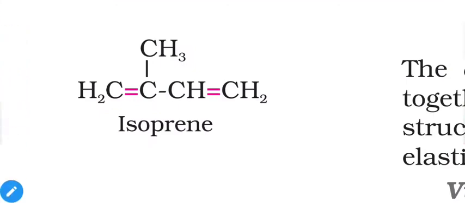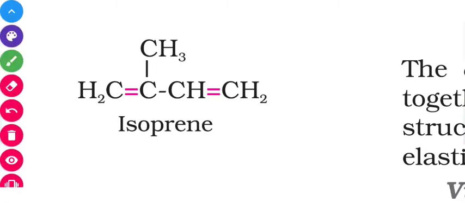The same type of rearrangement of bonds as we discussed in BuNa-S takes place here. These double bonds will shift between these two carbons. Initially the double bonds are between the 1st and 2nd and the 3rd and 4th carbon.